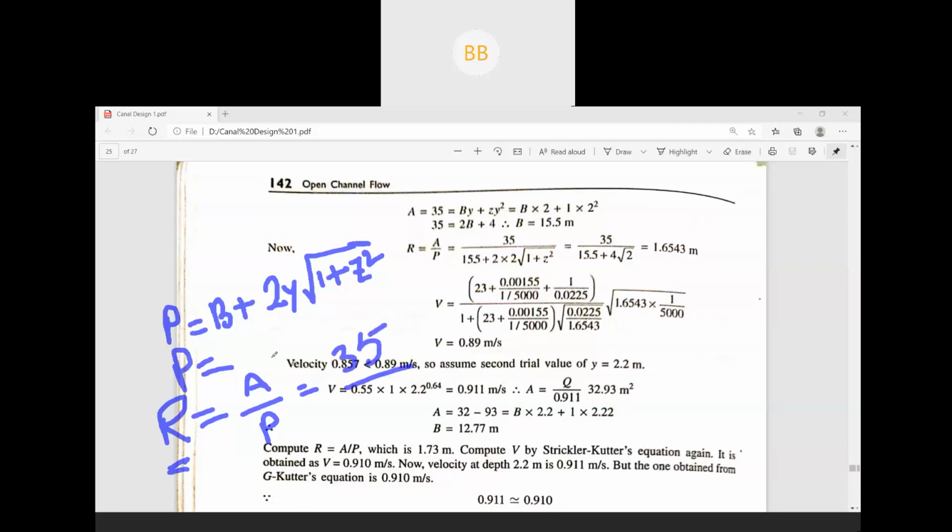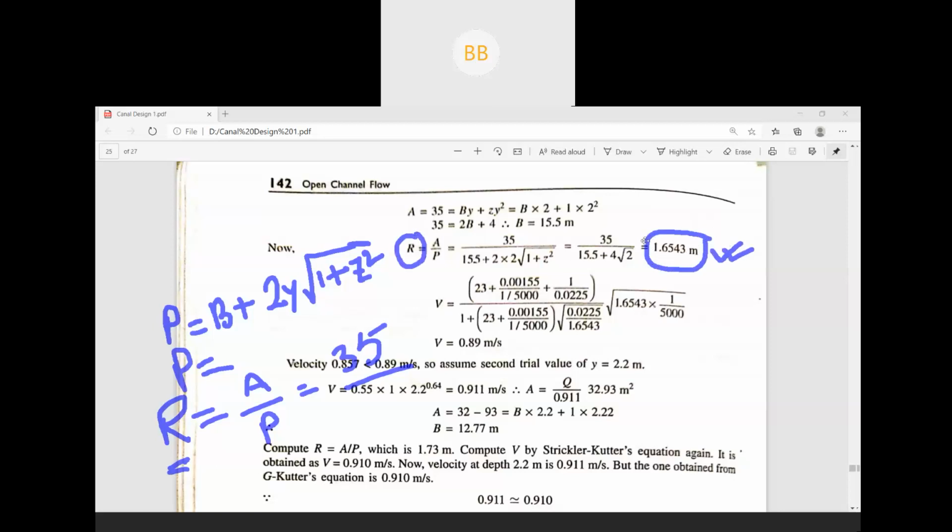You calculate first by using this expression and then substitute here and find out the r value. And see, you are getting the r value as 1.6543 meter or not. This is your r value.